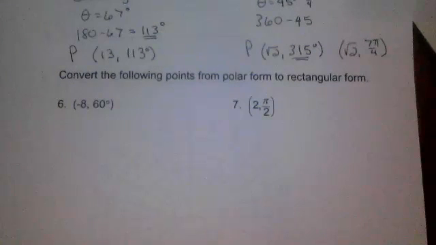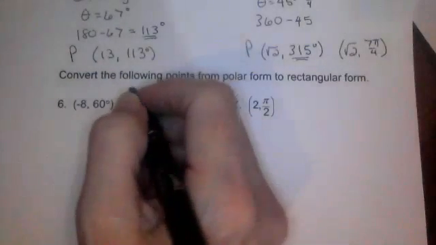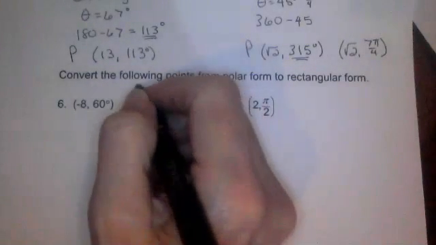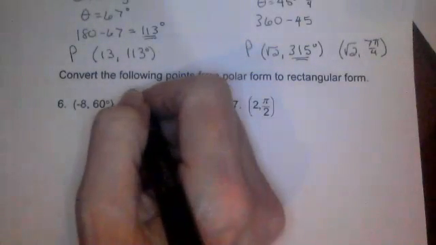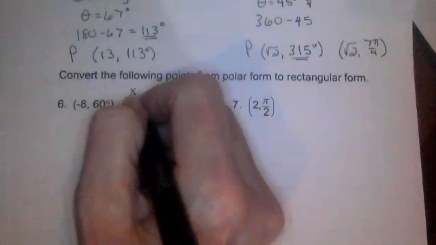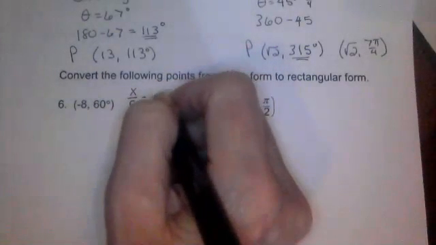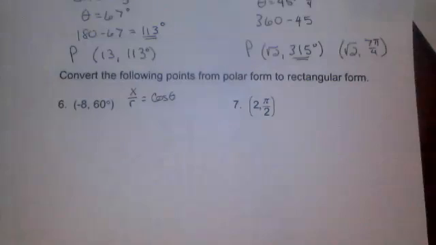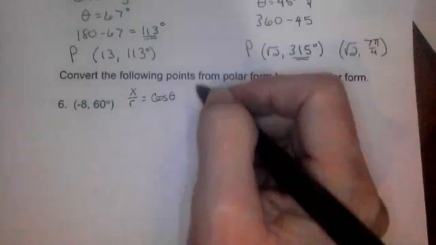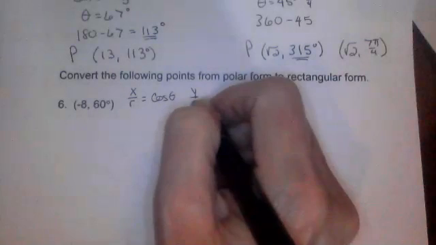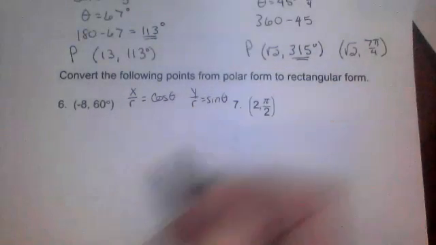So before we get started on this, I just want to remind you about the ratios for sine and cosine. Remember the cosine ratio is x over r. And the sine ratio is y over r.